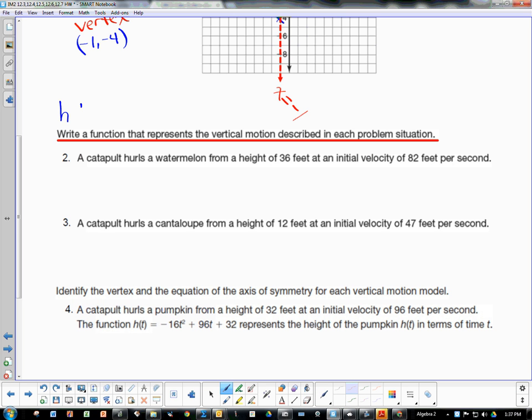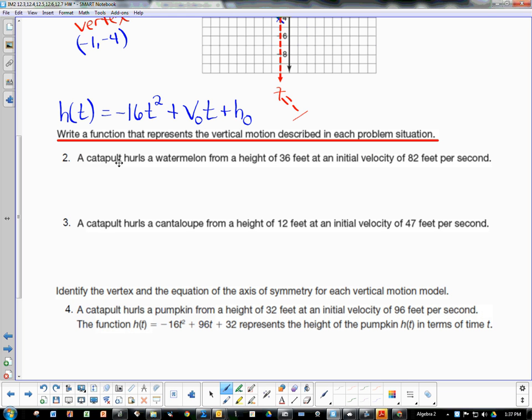The height in terms of the time, so the height at some time t is equal to negative 16 t squared plus initial velocity, which is v sub 0, times t, plus initial height, which we call h sub 0. This initial velocity is just the velocity at time equals 0. This is the height at time equals 0. So we're going to use this throughout these questions here.